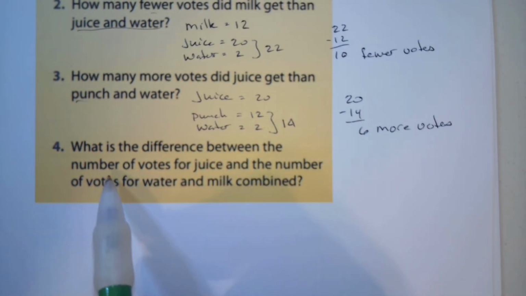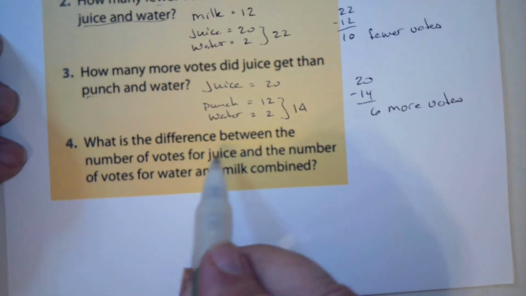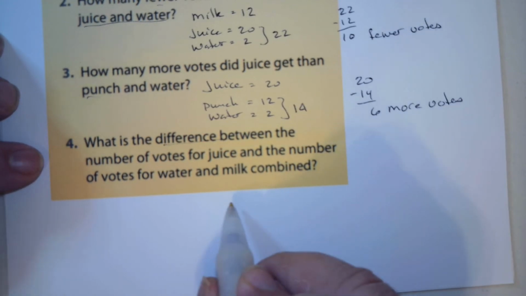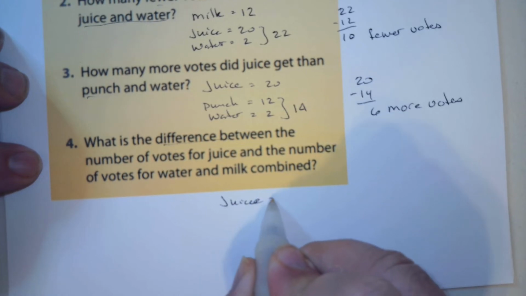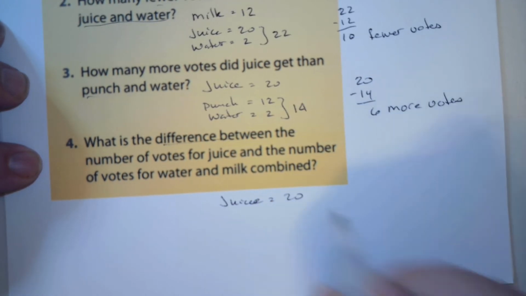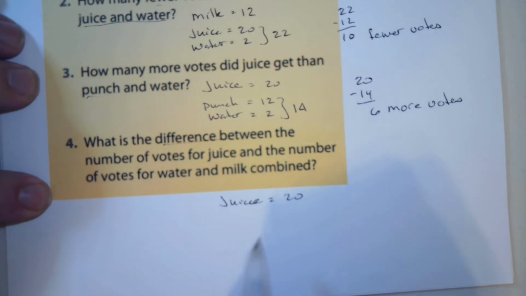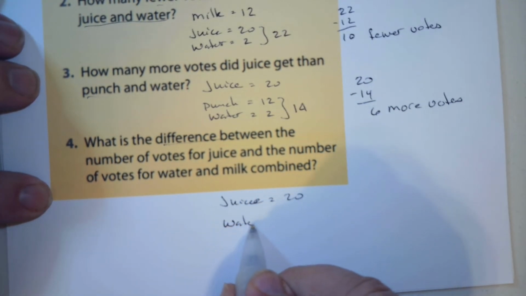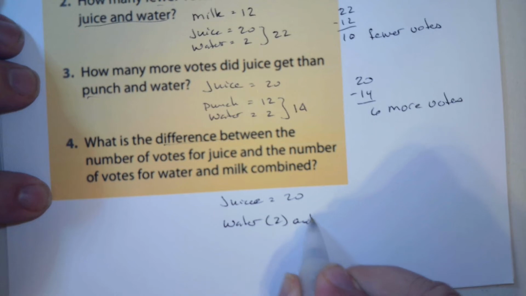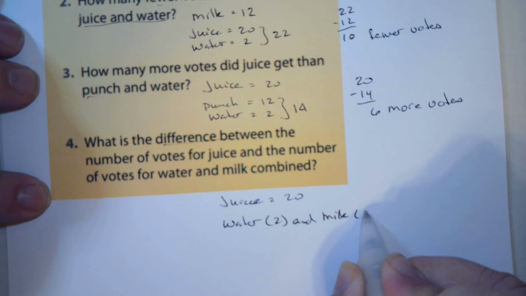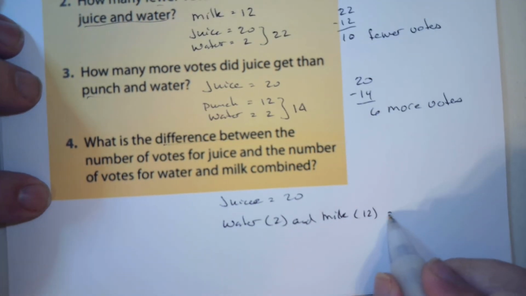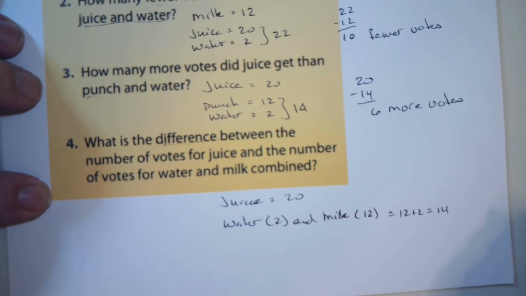What is the difference between the number of votes for juice and the number of votes for water and milk combined? The difference is minus. The number of votes for juice is 20, and the number of votes for water, which is 2, and milk, which is 12, combined. So 12 plus 2 is 14.